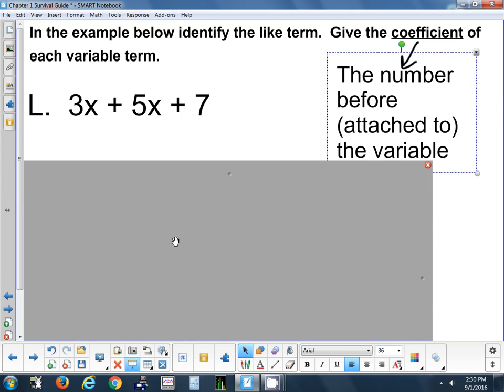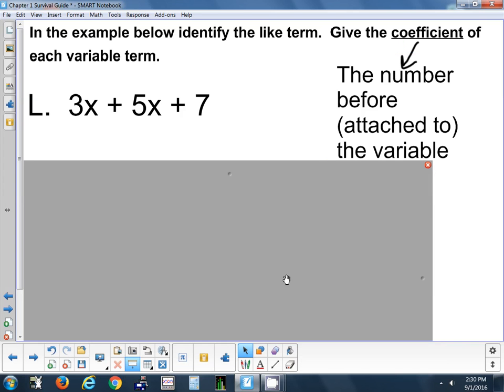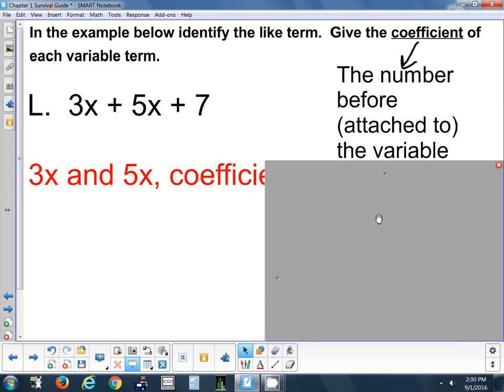Ashley, what did you get for your like terms? Anybody finish? Marissa, what'd you get for your like terms? 3x and 5x. So that's one part.